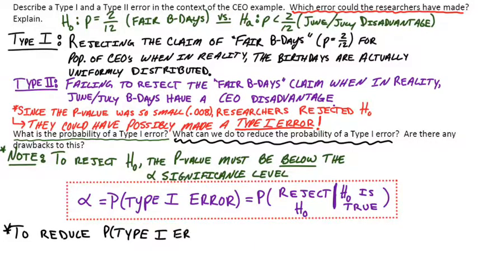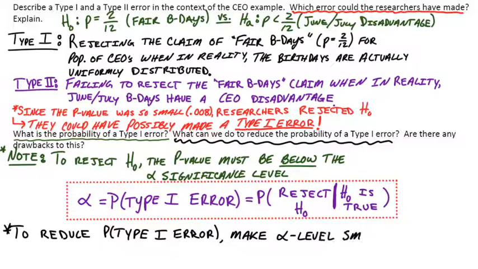So what can we do then to reduce the probability of a type 1 error? Well, if you remember from the last notes, alpha is something that we as statisticians can set. It depends on how picky we are, whether we want to use 0.05 or 0.01 or 0.1.